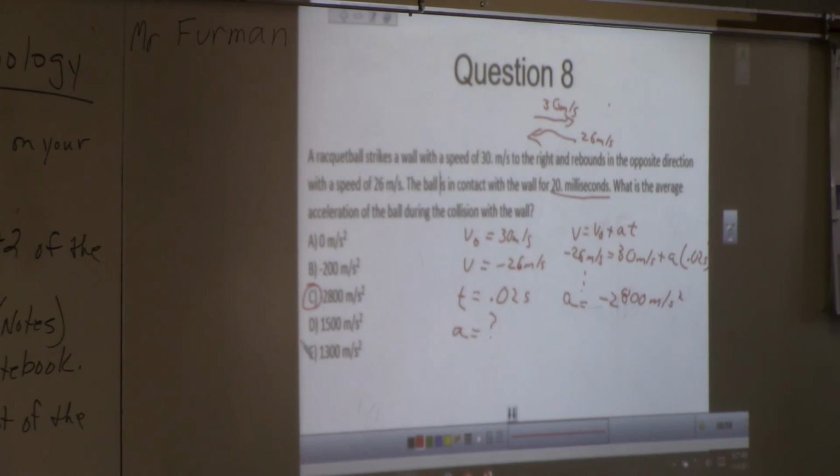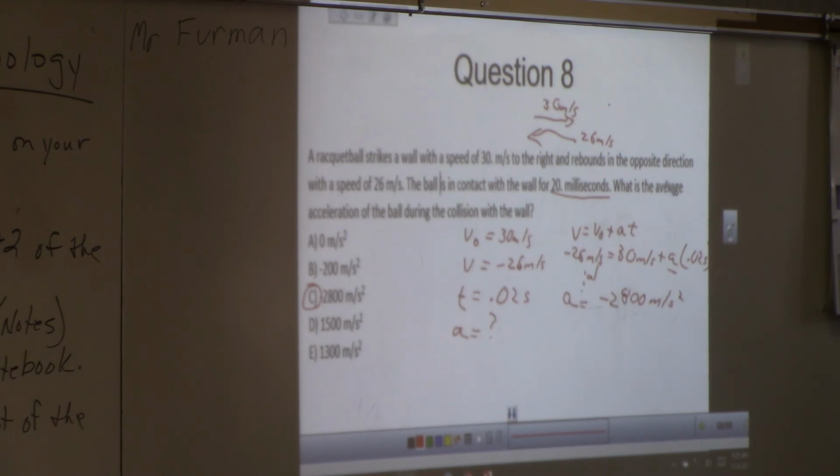How'd you do that? Well, I said negative 26 minus 30, negative 56. Subtract the 30 from both sides and then divide it by 0.02. Yeah, I got to this point, and then this is just algebra. Solve for a.